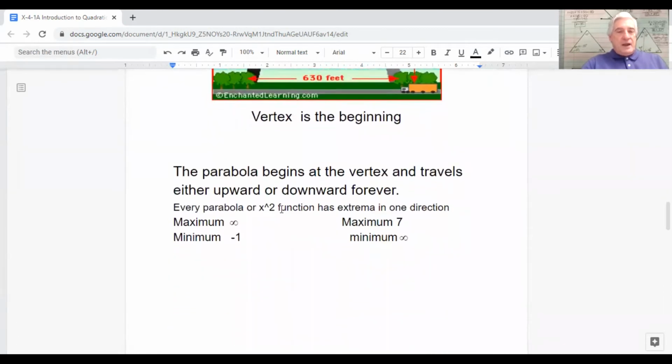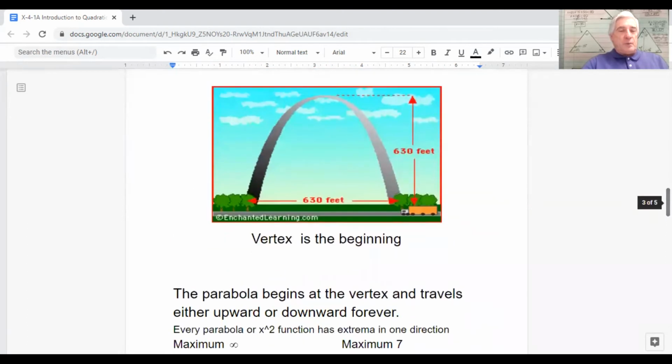Every parabola has an x squared function. It has an extrema in one direction or the other. The graph of a parabola would not just stop 60 feet into the ground. Our graph of our parabola would go on and on forever. This has a maximum height. The maximum height is right up there at the vertex. It's 630 feet, according to this picture.